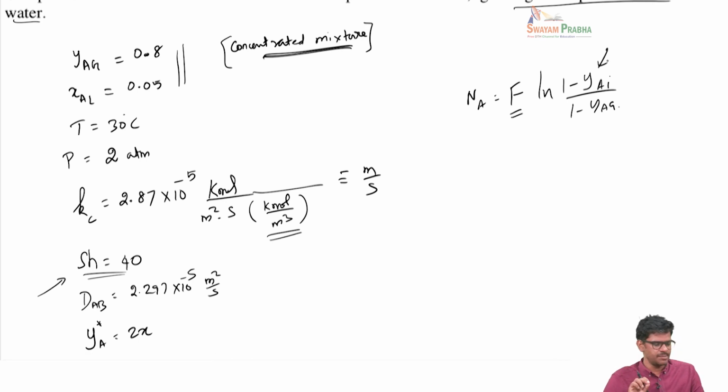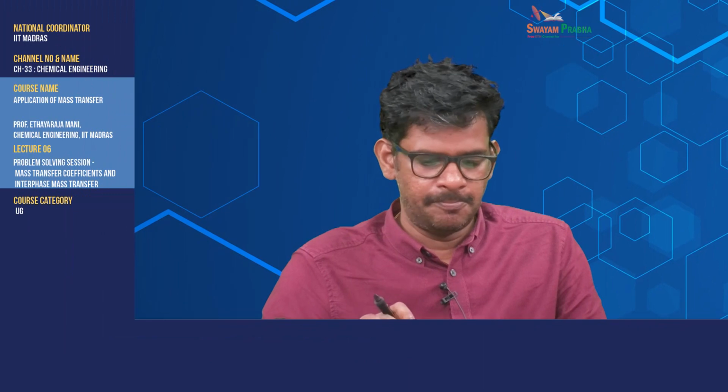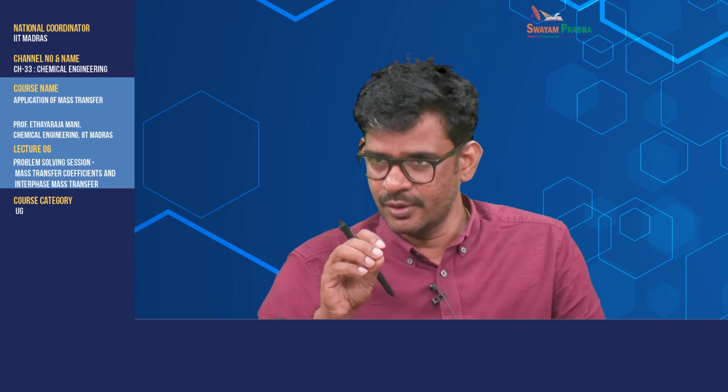So this can be quite involved calculations, and you have to be careful about the units and other things. So you try this out, and we will probably post the solution in Moodle page maybe a little later for you to compare your solution. But I urge you to do it yourself based on whatever you've done so far. I've shown you all the methods of doing calculations of interfacial concentrations, calculation of overall mass transfer coefficients, calculation of fluxes.